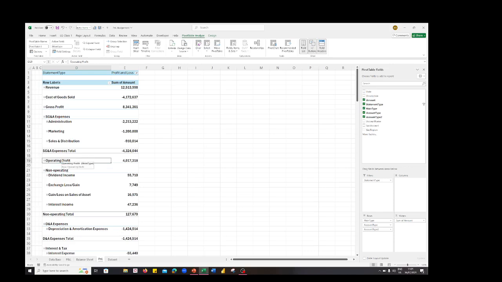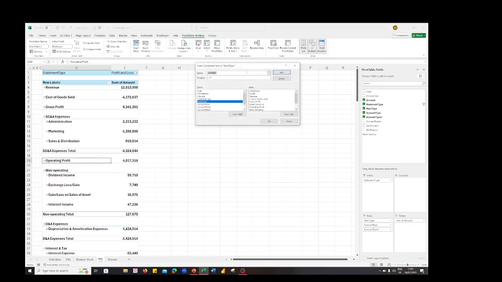So our operating profit, let's come here with this item. So operating profit, our EBITDA. So EBITDA, that will be operating profit plus non-operating expense.